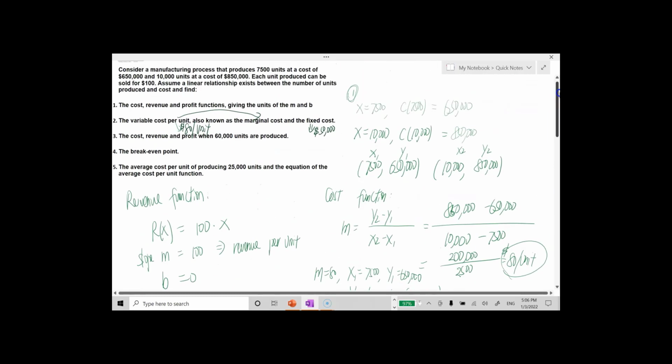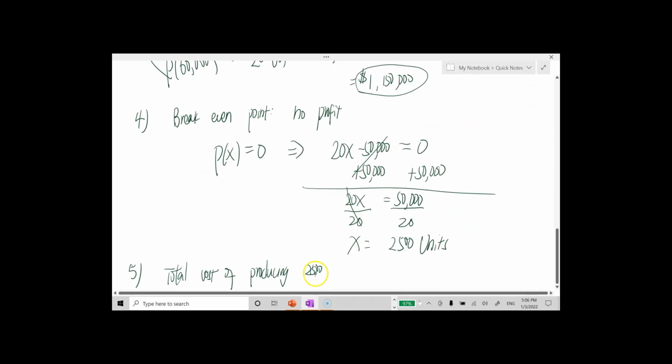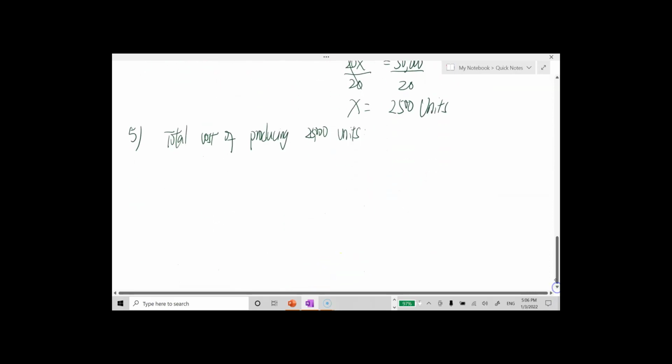So you're going to plug x equal to 25,000 into the cost function. So C of 25,000 equals 80 times 25,000 plus 50,000. That's 2 million plus 50,000, so it's 2,050,000 total cost.